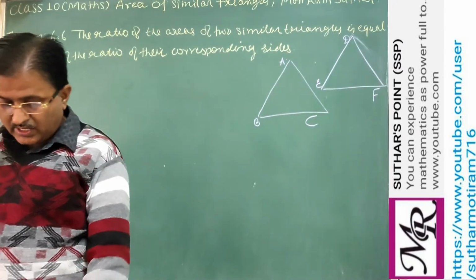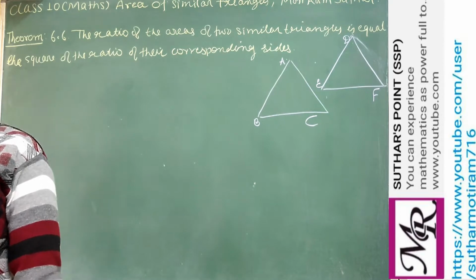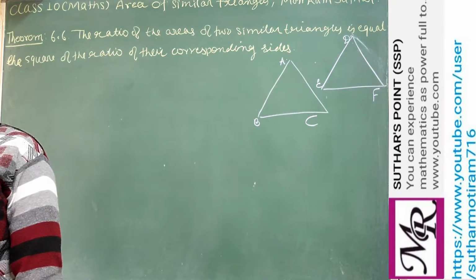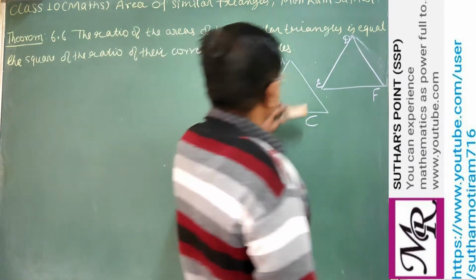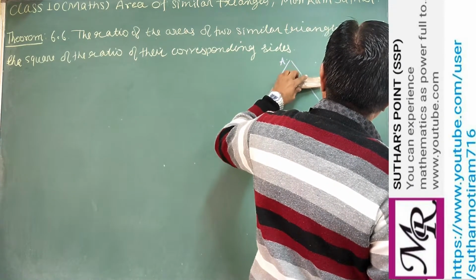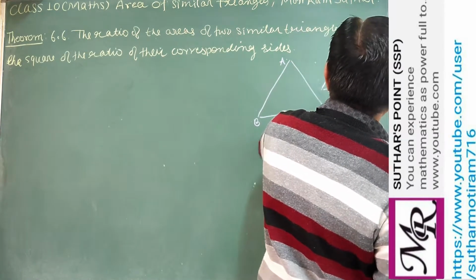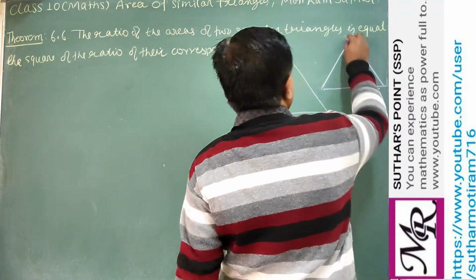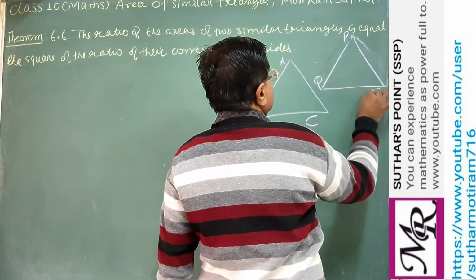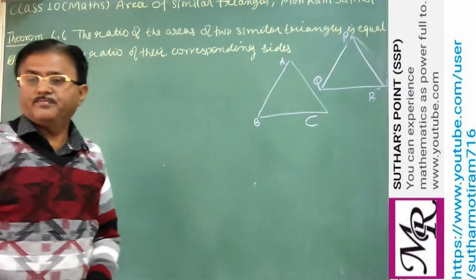These two triangles are given. You can take the vertices as in the NCERT, so there may be no confusion. You can easily understand PQR. So these two triangles are given.